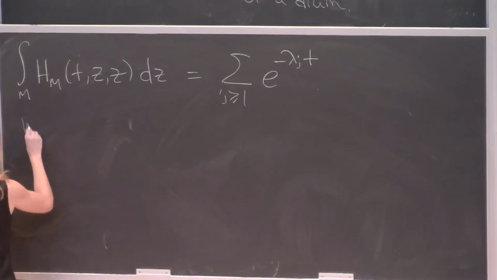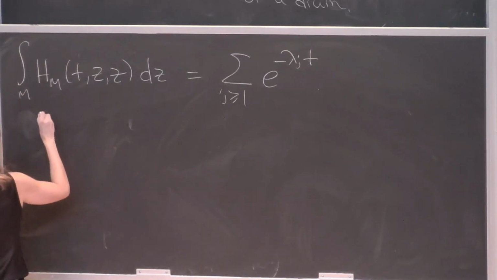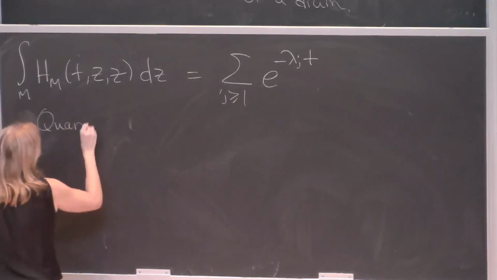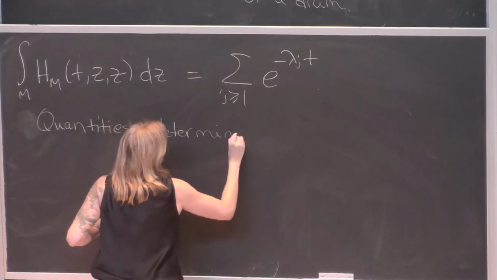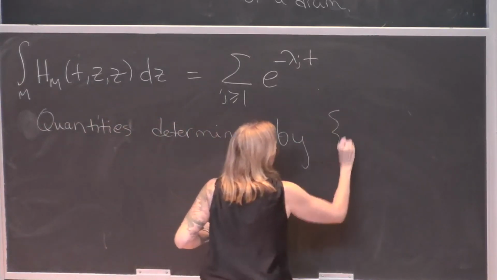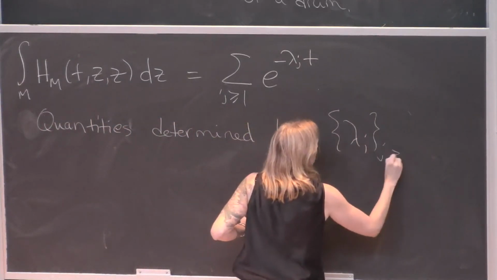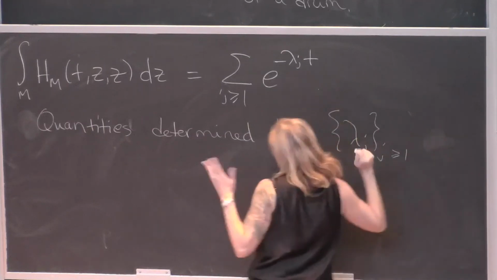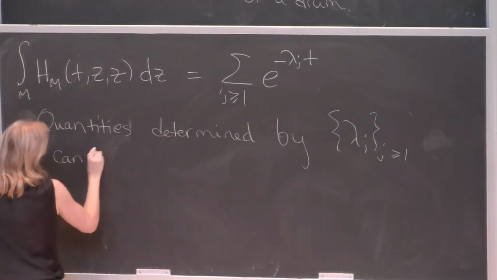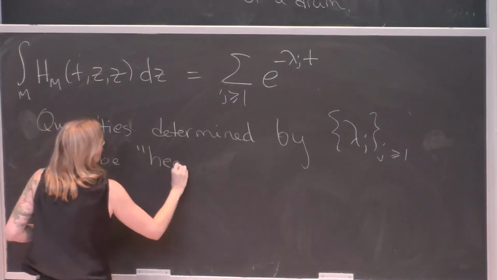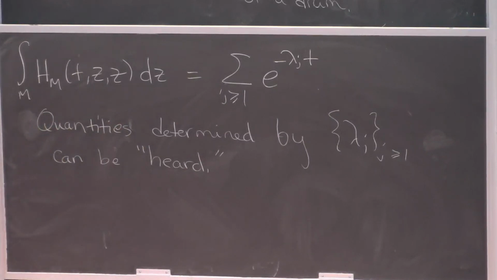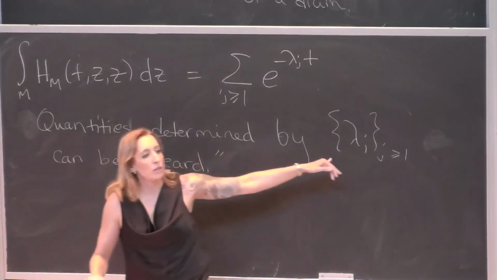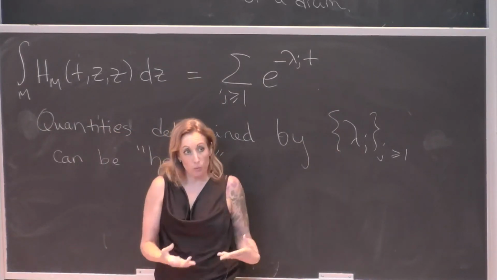But those numbers do pick up some things. We say that quantities determined by the set can be heard. And the reason for this is because if your domain were the face of a vibrating drum, these numbers would be exactly the resonant frequencies the drum would produce.